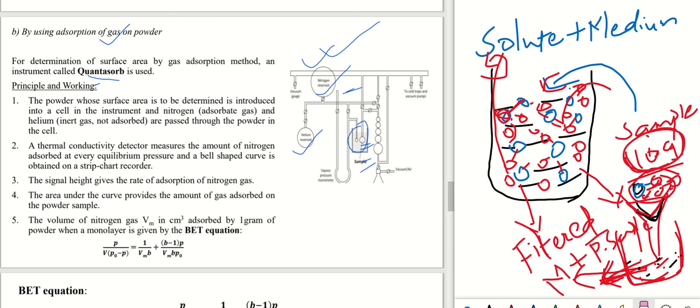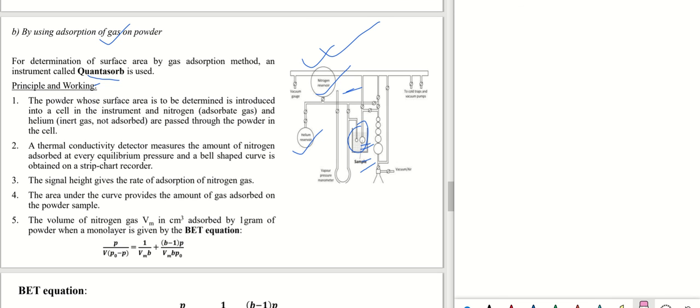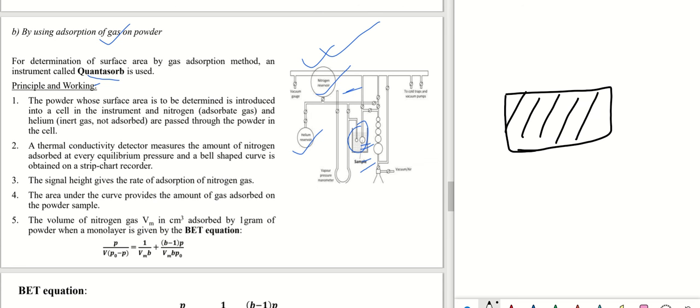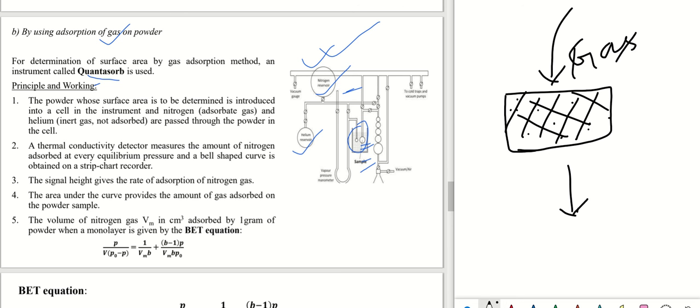Suppose this is a plug of powder. It has powder particles that are closely arranged. Now if we pass gas through this plug, some of the gas molecules get adsorbed onto these particles and the leftover gas will exit.